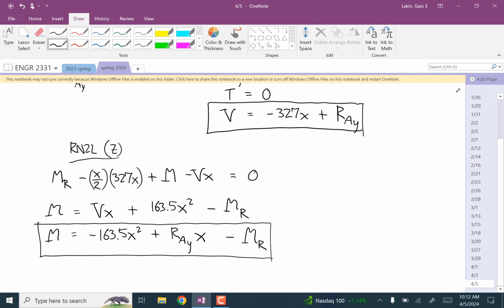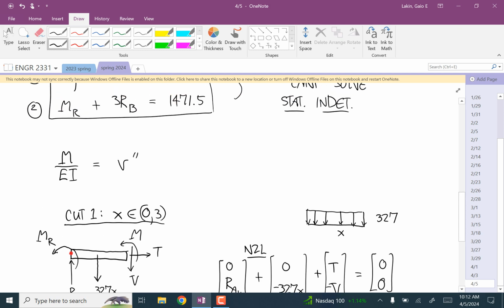So there's our internal bending moment, and now we're going to use that internal bending moment in this equation.